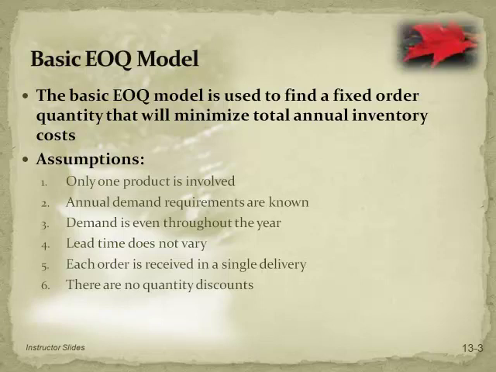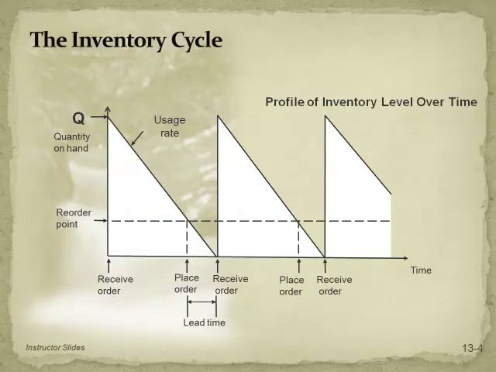We assume that the supplier who we order this from delivers the entire shipment in one delivery. And then finally, as we said before, we assume that there are no discounts in price if we buy in larger quantities. So let's take a look at the model for these assumptions.